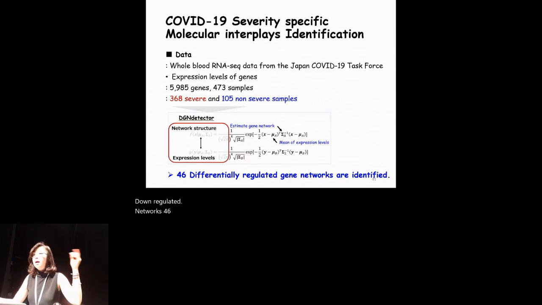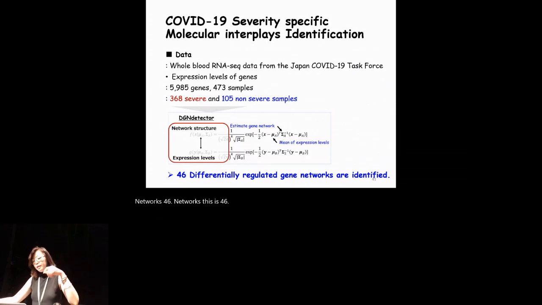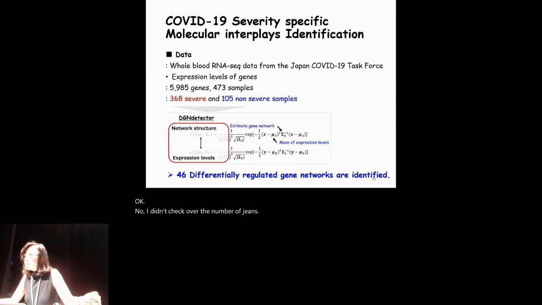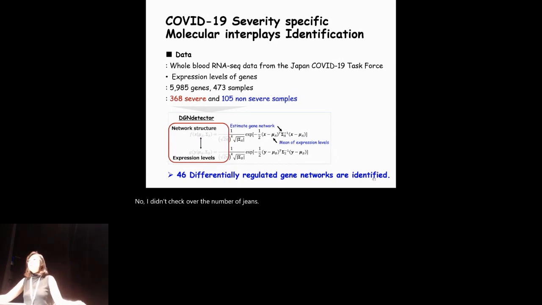Okay. So how many genes are there? No, I didn't check the number of genes. Okay. So do you have any information on how many genes are actually upregulated and how many genes are downregulated? No, I didn't check that.